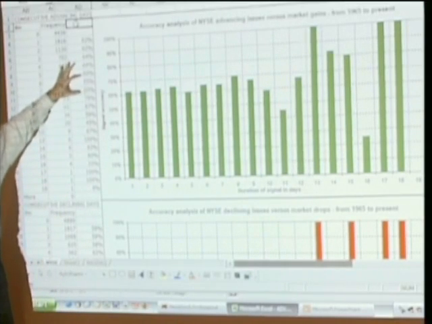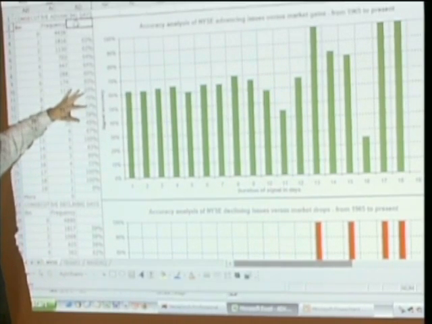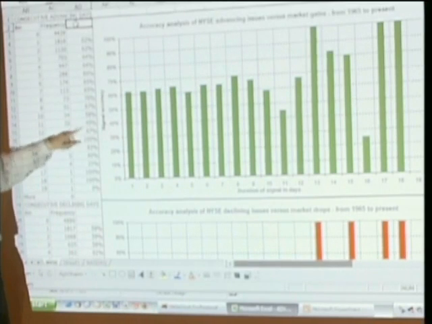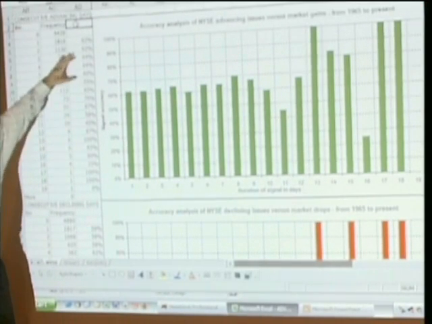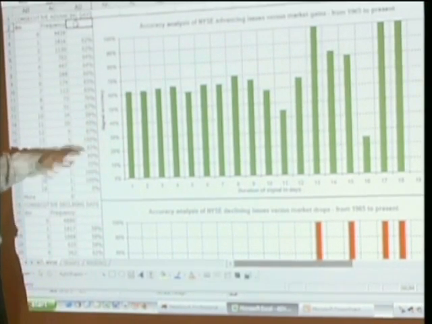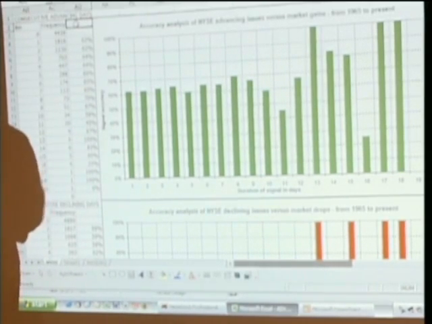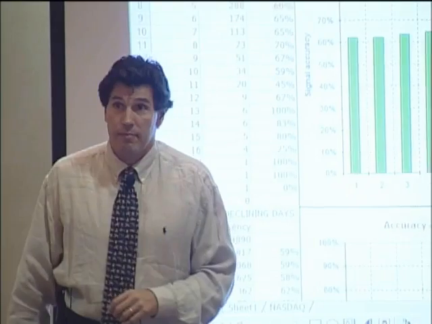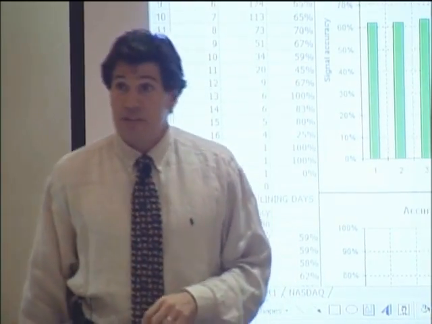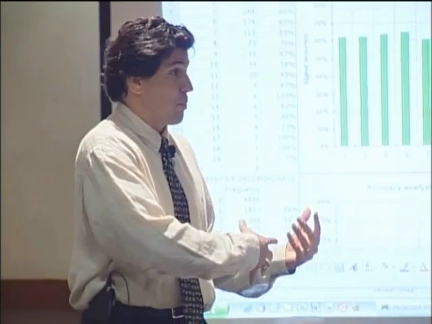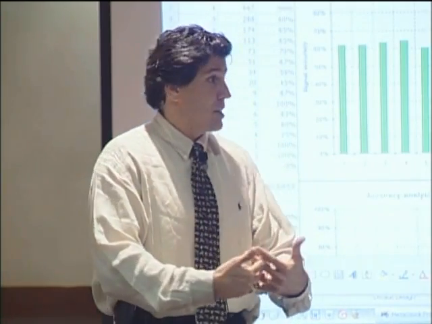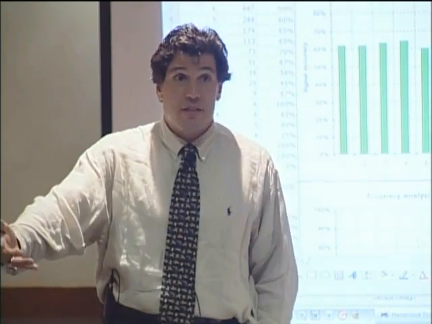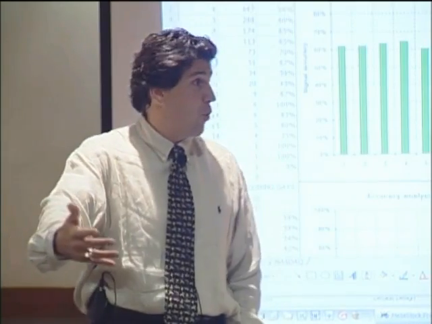And 64, 60, 65, 65, 70, 67, 59, and then boom, 11 straight days of advancing issues beating declining issues, it drops to 45%. Everybody follow? That's what this graph means. This is the numerical interpretation of the graph. If advancing issues beat declining issues, there's about a 60% chance the market will be up the next day, based on 40 years of history.